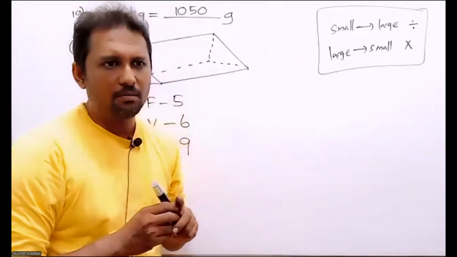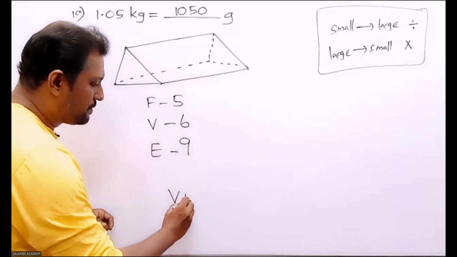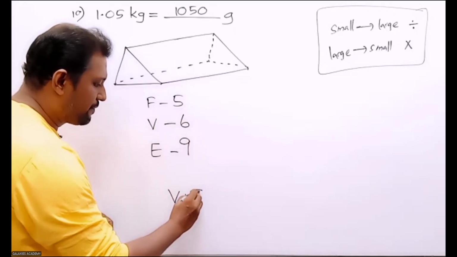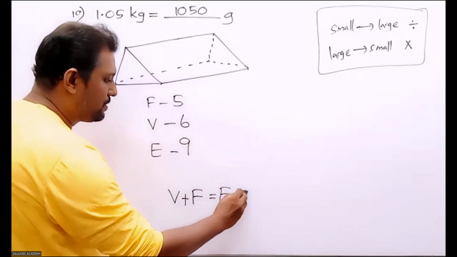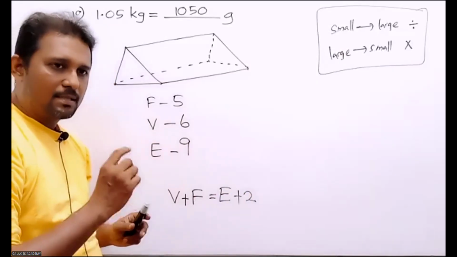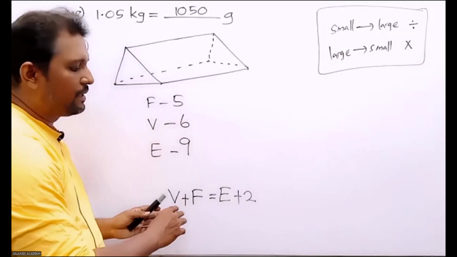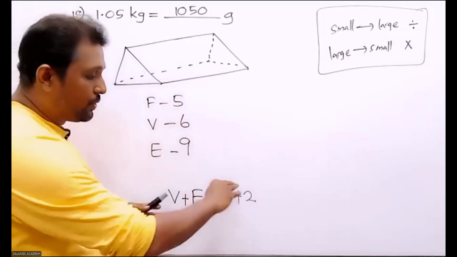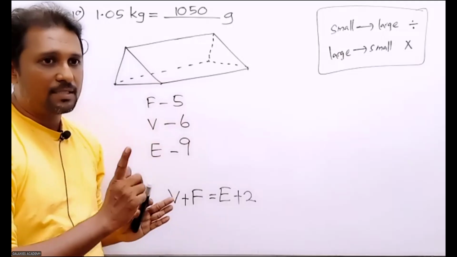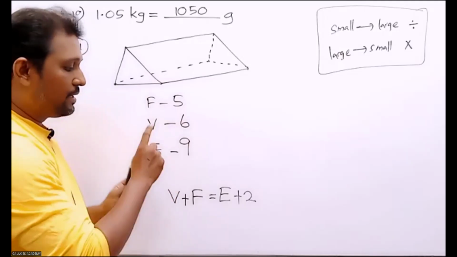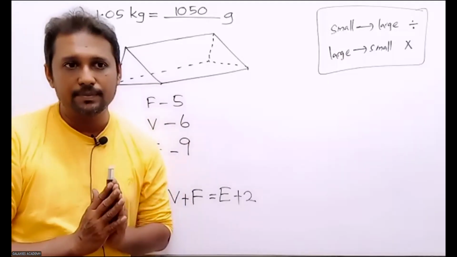What is the symbolic form? V plus F equals E plus 2. That means the sum of the number of faces and vertices of a solid is equal to 2 more than the number of edges, but a special condition we have to mention is that there are only straight edges on the polygon, right?